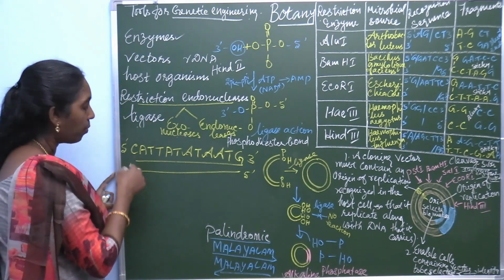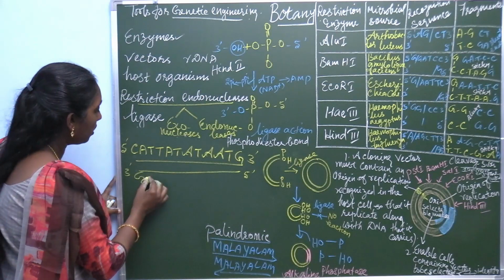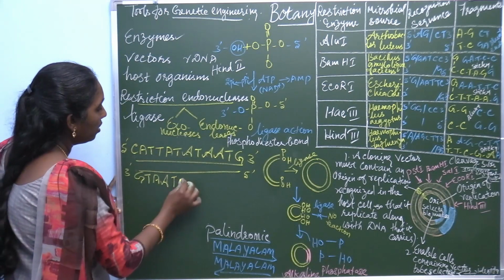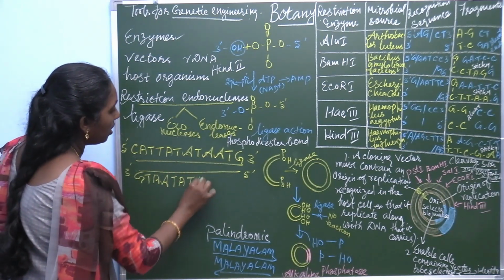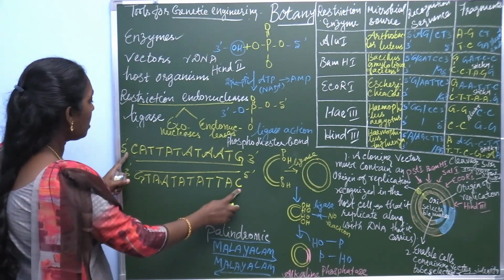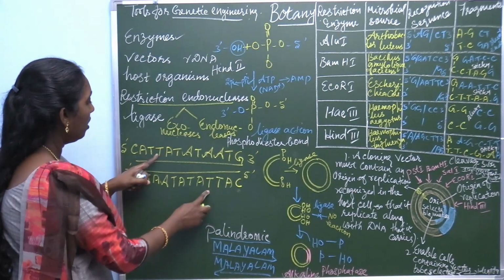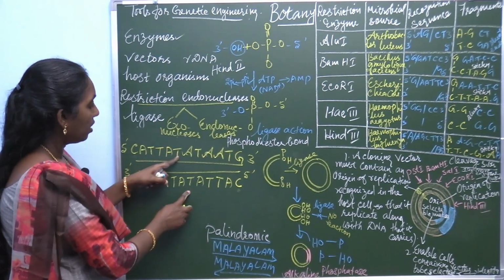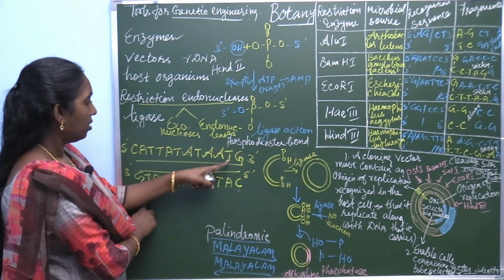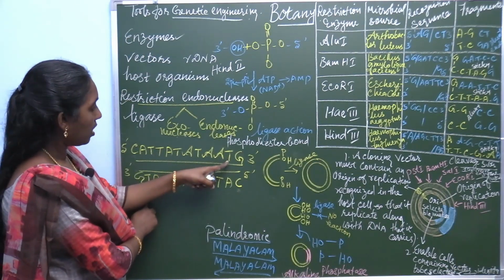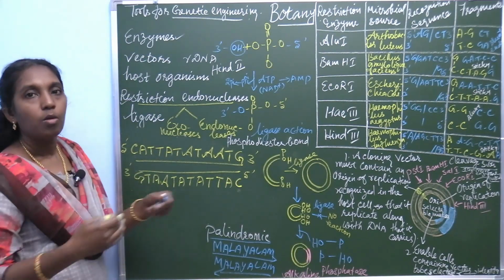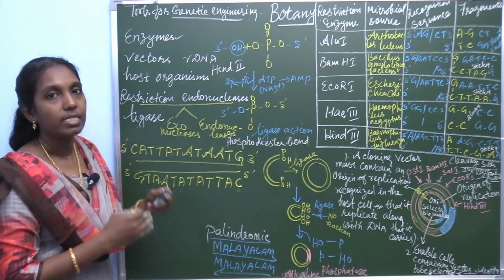C always combines with G, A with T. So the complementary strand is G, T, A, A, T, A, T, A, T, A, C. Reading in this direction and this direction, both read as the same sequence.